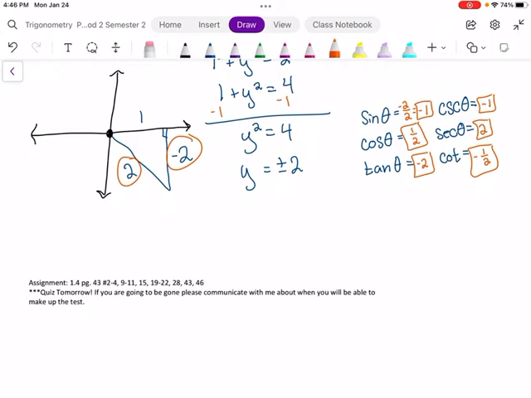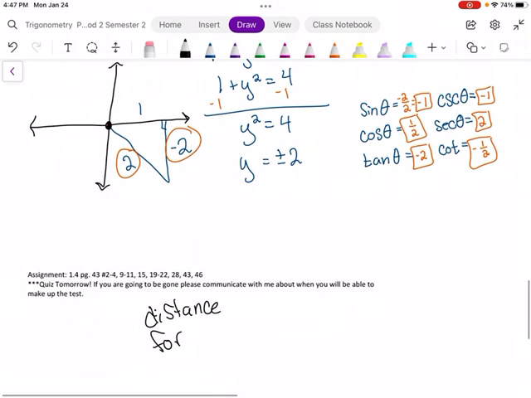Tomorrow we do have a quiz in class, and if you're going to be gone, just let me know and we will make up a time for you to complete it. And on the quiz, you will need to know the distance formula. And any of the stuff that we've went over in lessons 1.1 all the way up to 1.4.